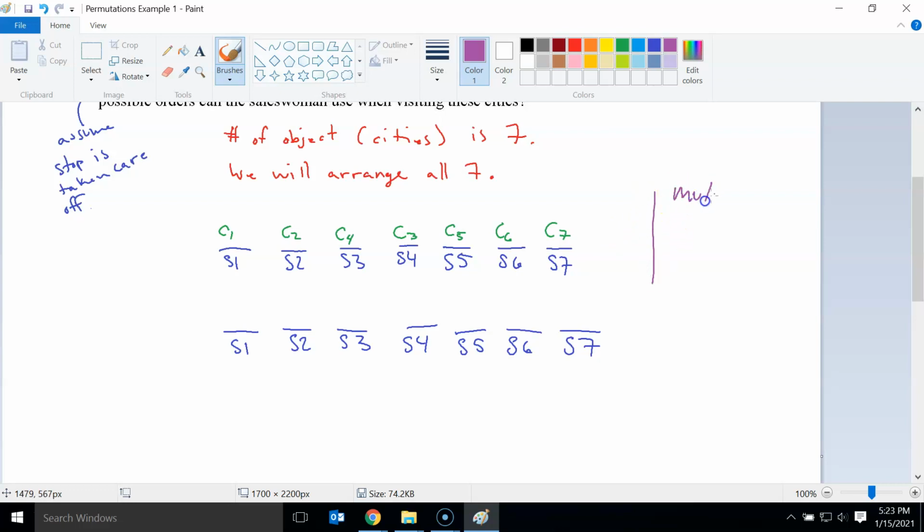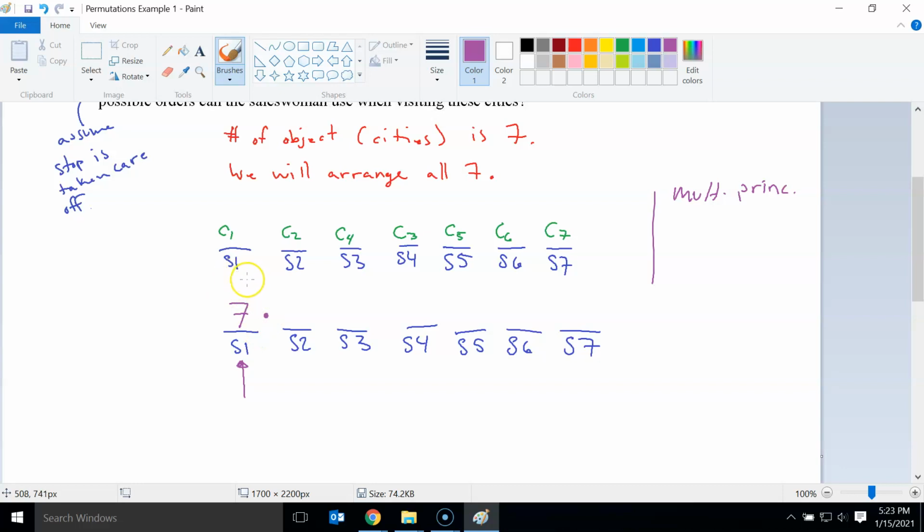Remember, the multiplication principle says that we can multiply the distinct number of choices every time we have a choice to make. So for this example, we can write down 7 in our first entry, because out of all the cities in our first stop, we can pick one of the 7 to stop at.